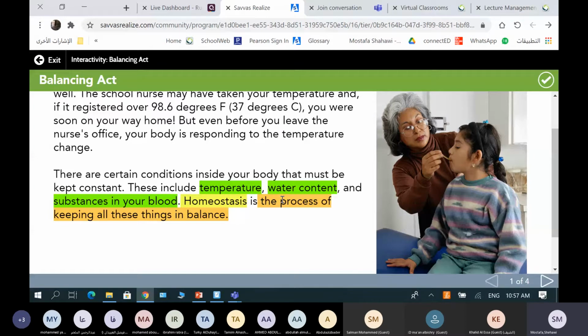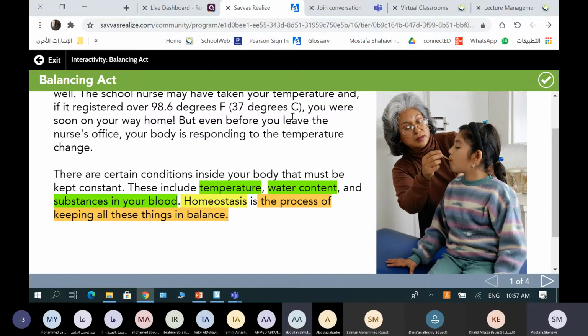Any other things that you can do, or your body does, to keep you warm? What else can keep your body stable at 37 Celsius?